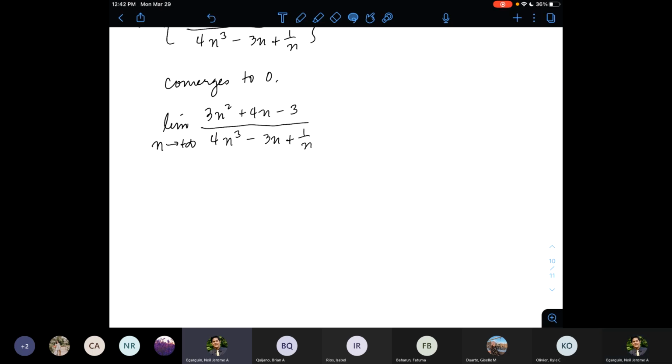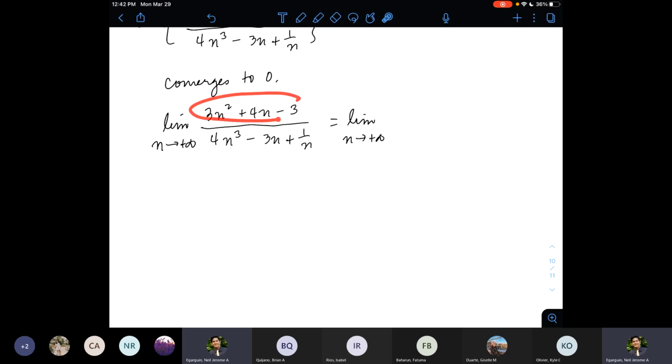So you can say, okay, I'm going to stick with the sequence. If you look at the numerator, when n increases, -3 becomes insignificant. It doesn't have a big contribution whenever n is very, very large. The same goes for n. Even if it will be a very large number when n approaches infinity, it will be overshadowed by 3n squared.